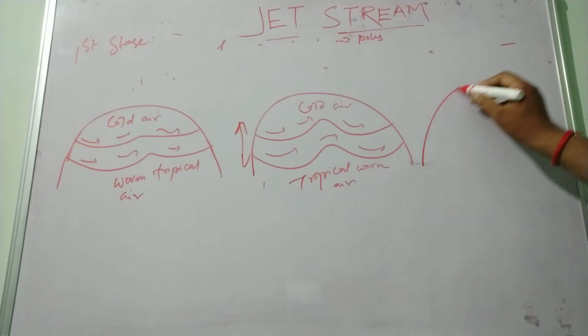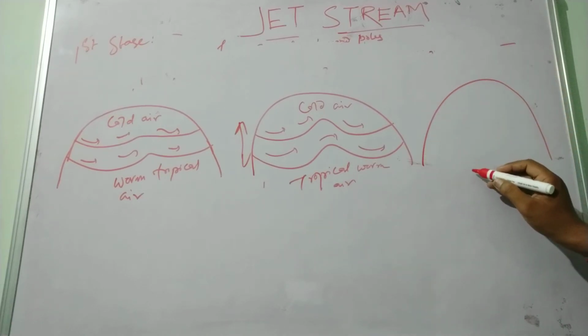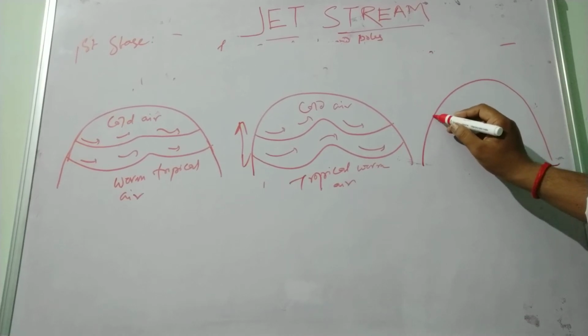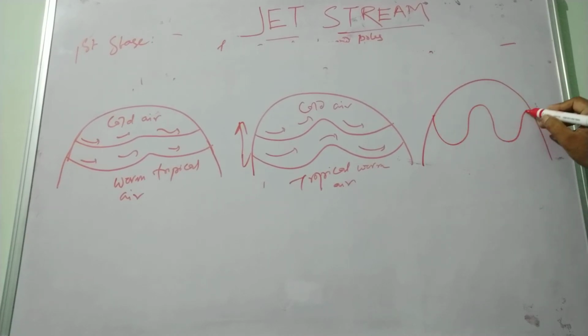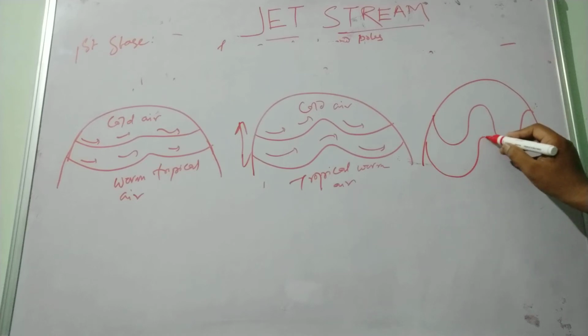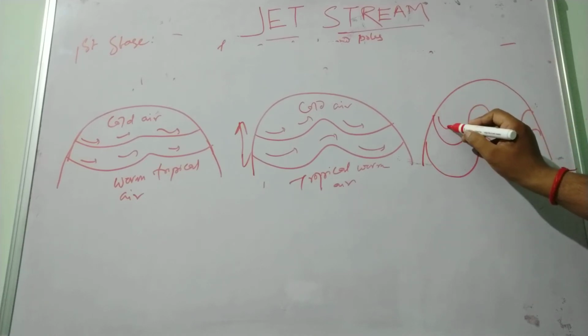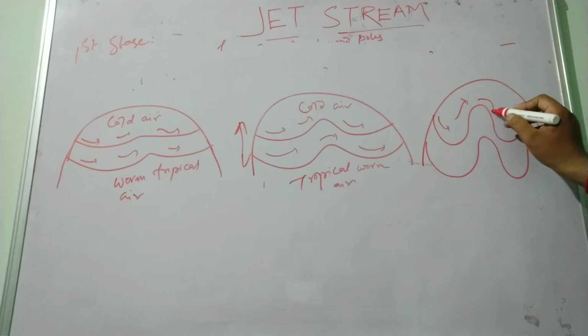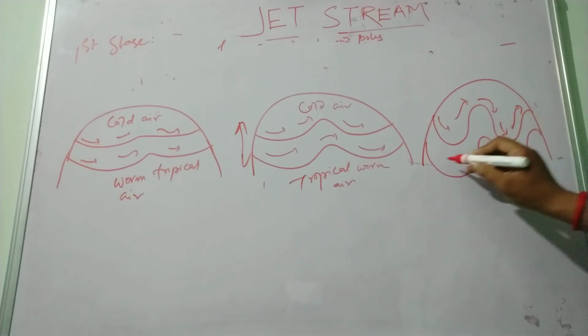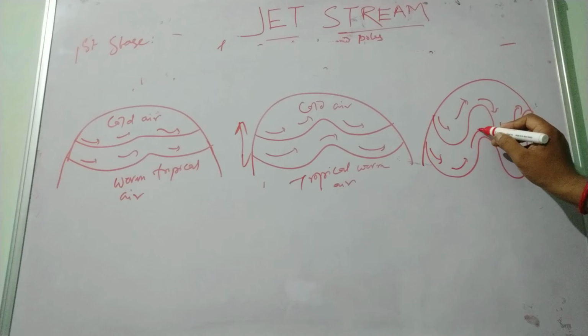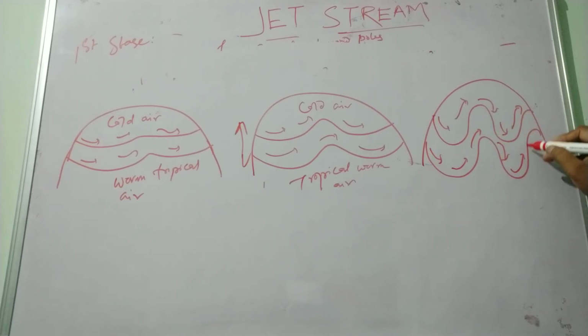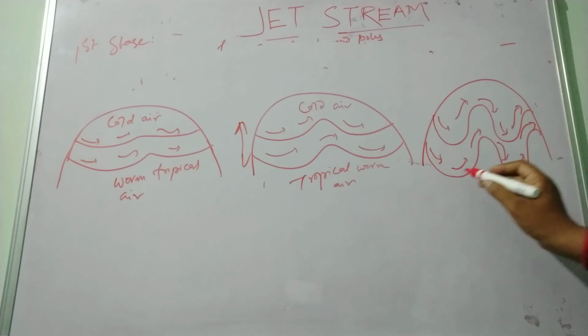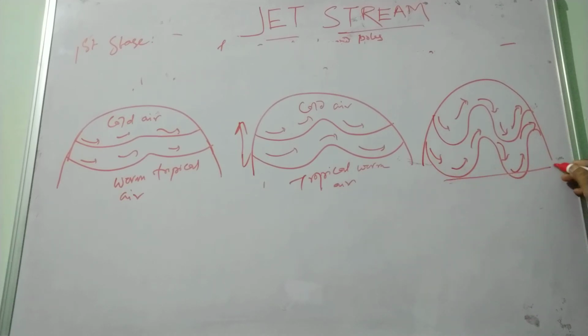In the third stage, the meandering course of the jet stream is fully developed and the position is almost near the equator.